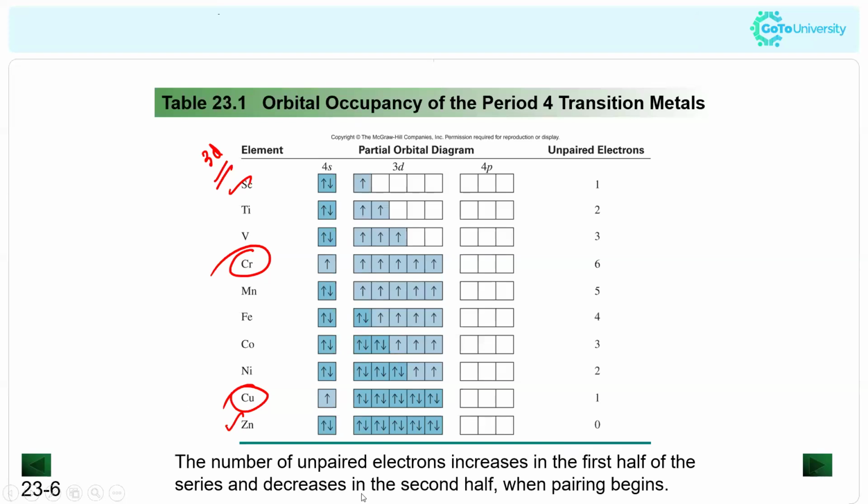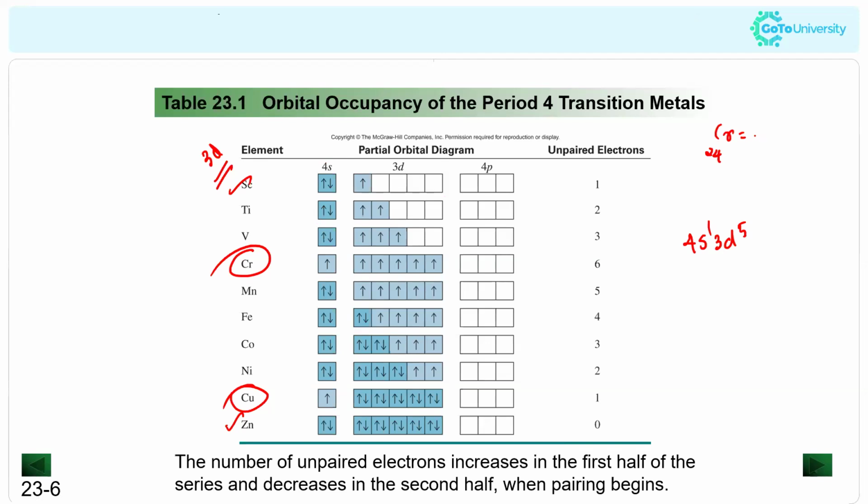Okay, so coming back to the electronic configuration of chromium and copper, here we can see that, apart from the other elements, chromium has the electronic configuration 4s1 3d5. Chromium has atomic number 24, right?